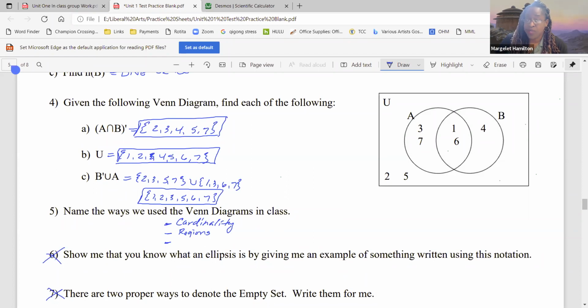We had those Roman numerals in there. Okay, one more way. Think about it. We just did it up here. Elements. Aha. Okay.